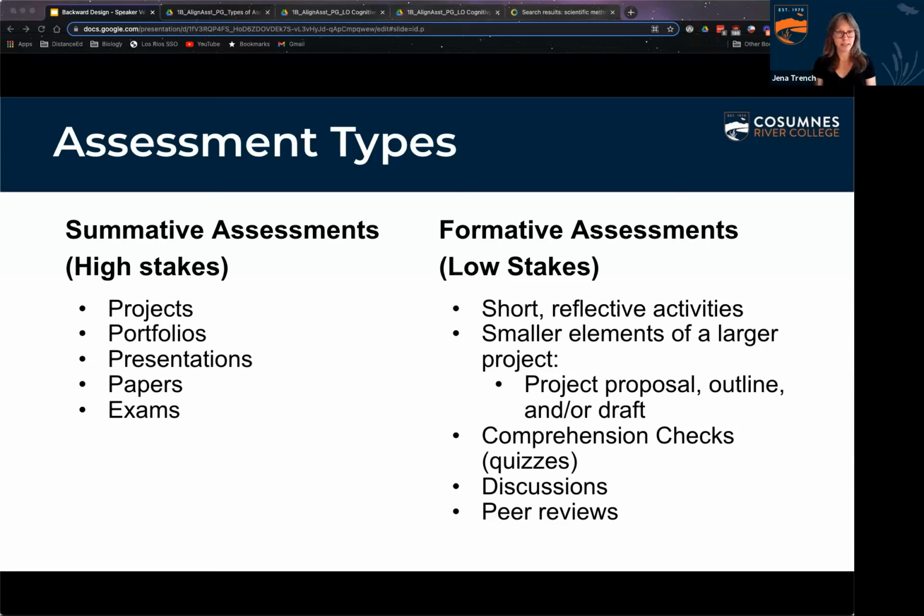Or content-related self-assessments like practice quizzes or reflective journals, current events, comprehension checks, discussions even, or peer review. And so these low stakes assessments help build students up to the summative or high stakes assessments and also provide them with frequent feedback on their progress.